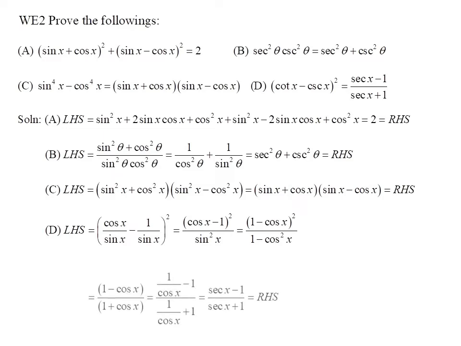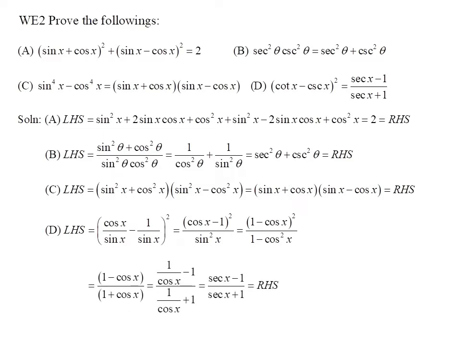The details of further simplification can be seen on the screen. We divided both numerator and denominator by cosine x, and then the left side equals the ratio of secant x minus 1 to secant x plus 1, which is the expression of the right side.